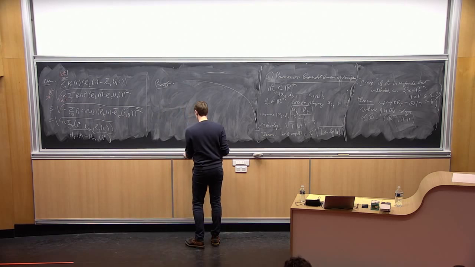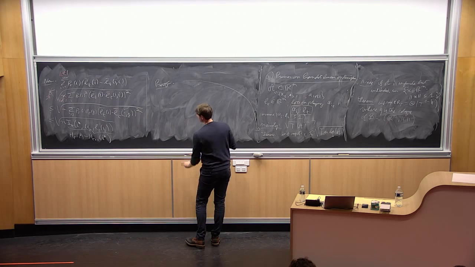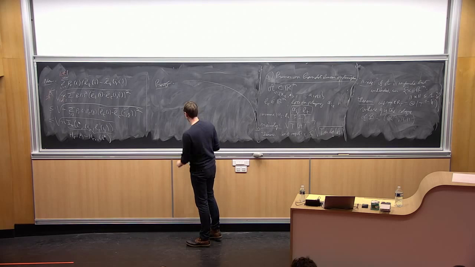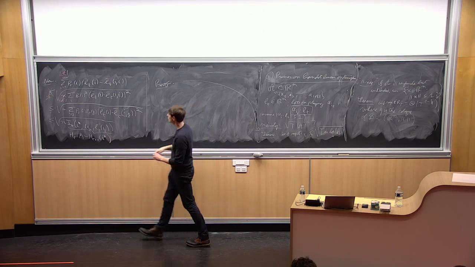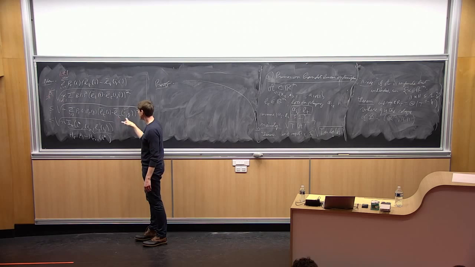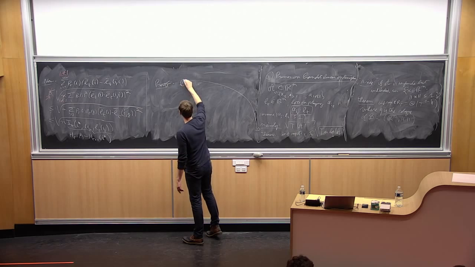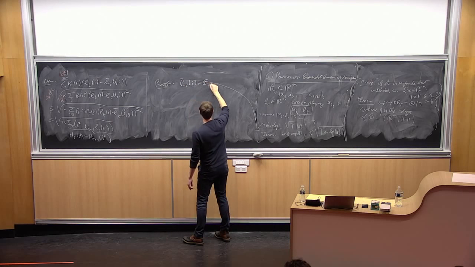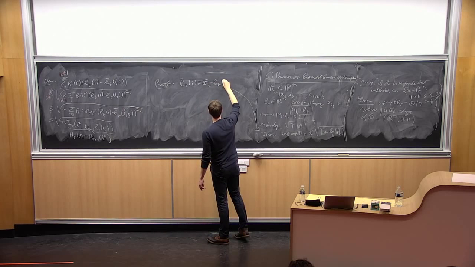Okay, so let's do that. So how do I do something smarter than Cauchy-Schwarz? Well, I have to use the fact that there are correlations between these L_{t,i}, you know, for different values of j. So let me write. So what was L bar t,i? This was just the expectation sub t of L_t(i), which by definition is L bar t inner product with a_i.